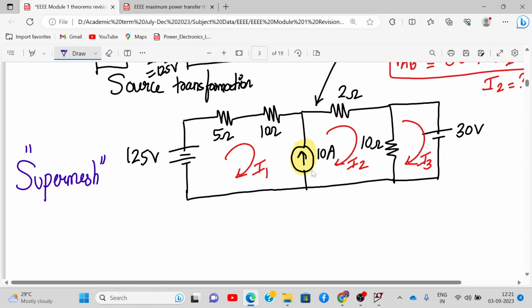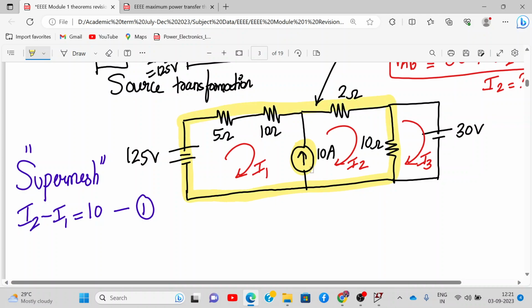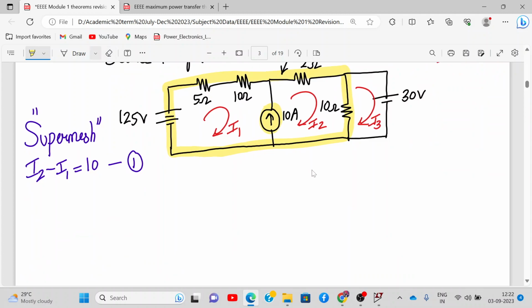So what is the equation of the super mesh? I2 minus I1 is 10 ampere. So this we call equation number 1. What does the super mesh form by this loop? Yes, super mesh. So I need to apply KVL to the super mesh. Okay, so let's apply KVL to the super mesh.